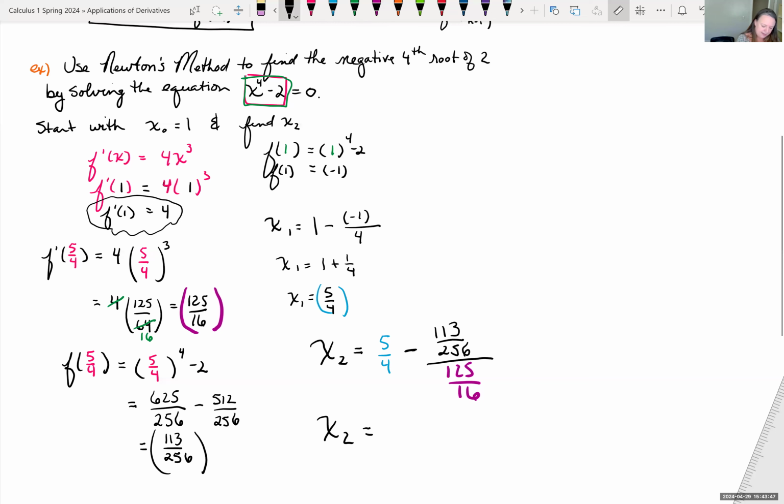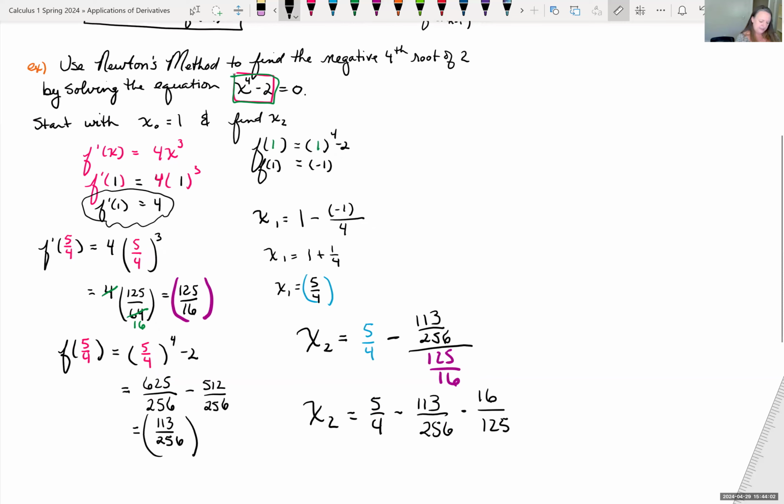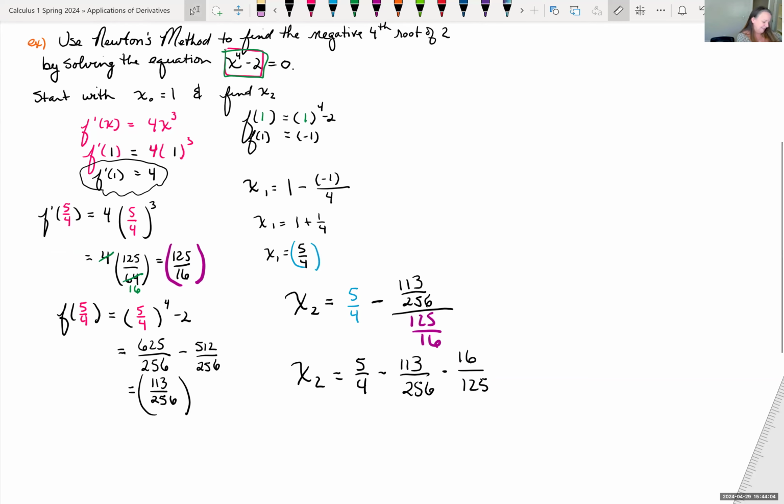So simplifying, I have 5/4 minus, let's multiply by the reciprocal of our denominator. So that would be 16 over 125. 16 goes into 256 evenly, which is 16.